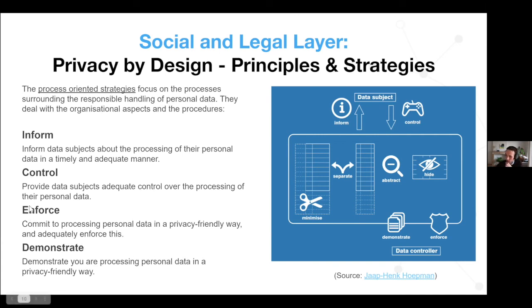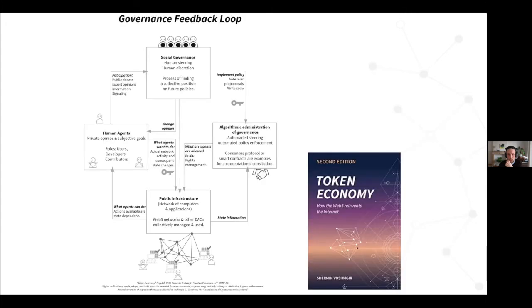But I think I'm almost reaching the hour, so I should come to a close. There's one more element that I think is relevant for developers and for technical people, and that's to realize that Web3 is, in essence, and I'm using the words of Shermin Voshmgir here, really a socio-economic revolution, whereas Web2 was more of a front-end technical revolution.